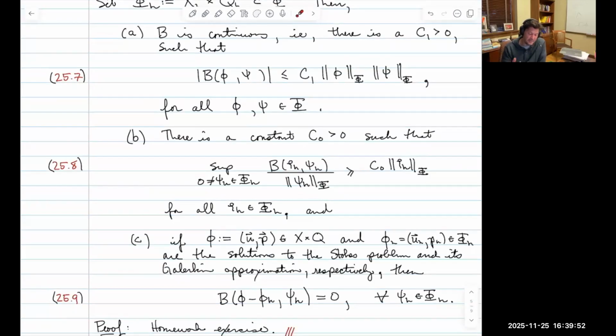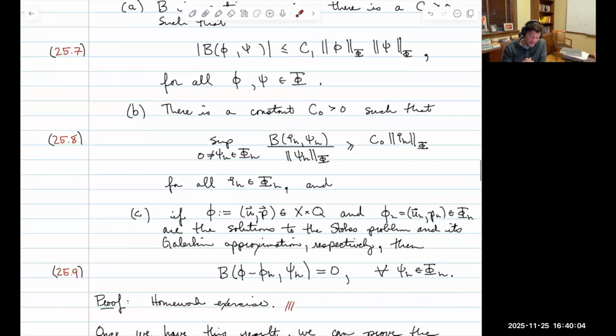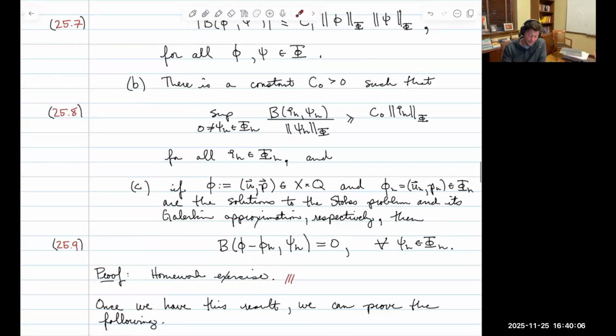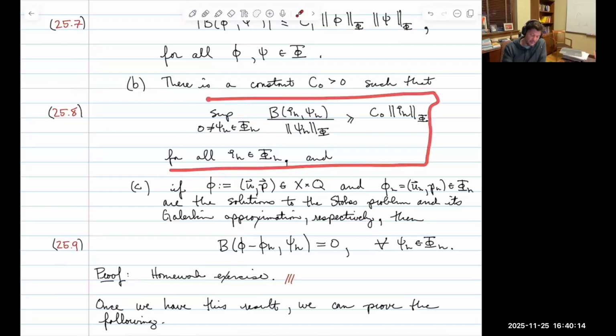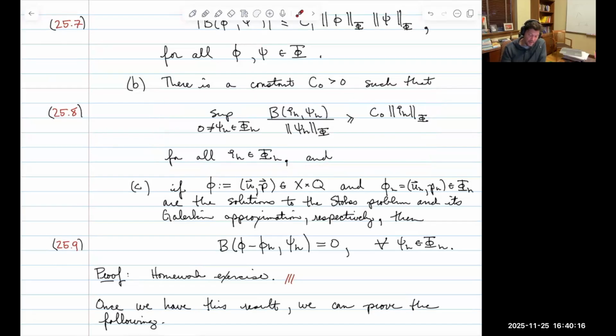So it's a little different than the inf-sup condition we stated earlier, because that was for the lowercase b bilinear form, where the first element was a velocity and the second element was a pressure. Here, the functions are coming from the same space. So this follows, and you can prove it, from the inf-sup condition for XH, QH.